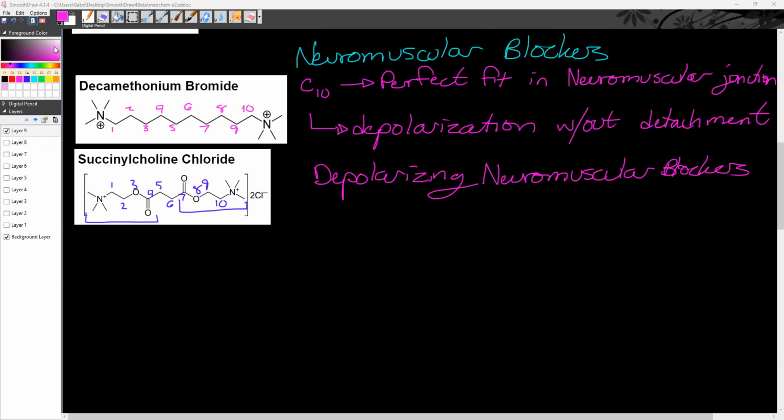Moving along, we have our next group of drugs, which we will start with the curiums.